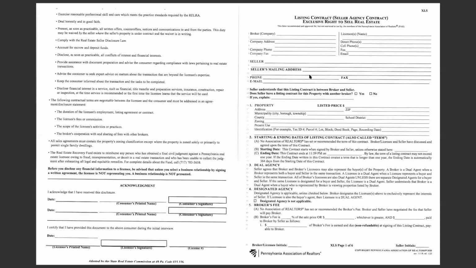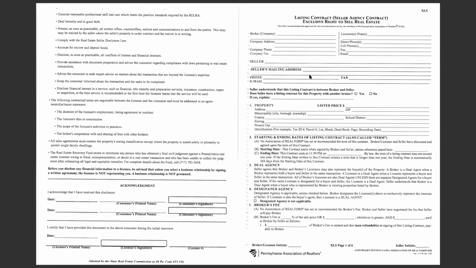All contracts have to have a beginning and ending date. So it states here in 2B, starting date, this contract starts when signed by the broker and the seller unless otherwise stated here. And then you would have a date that it became active.